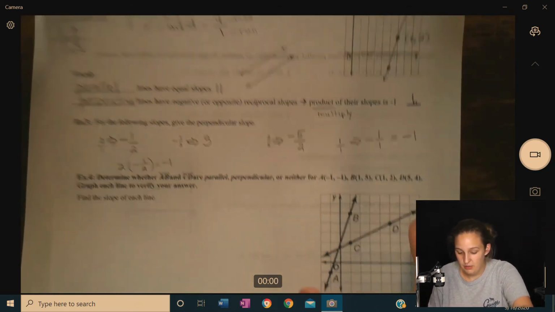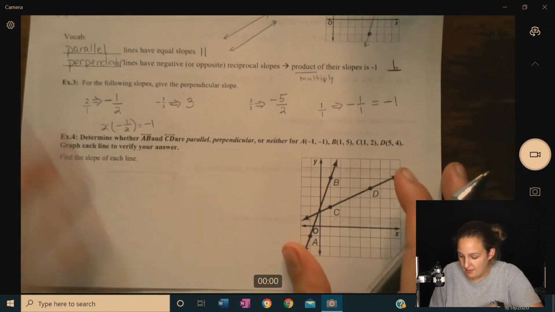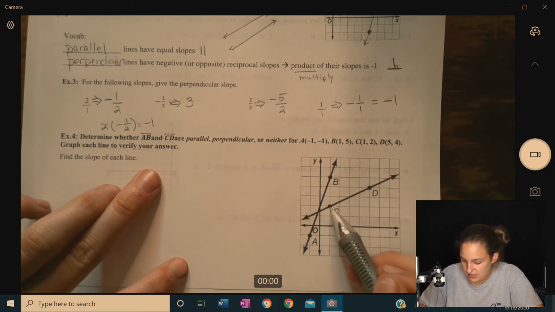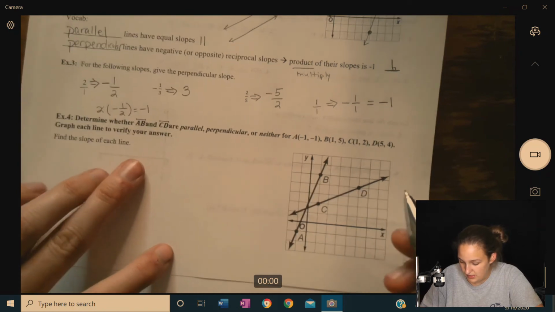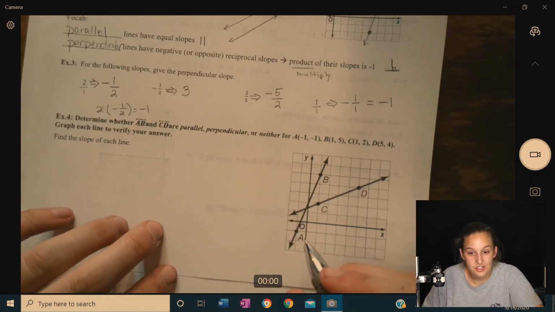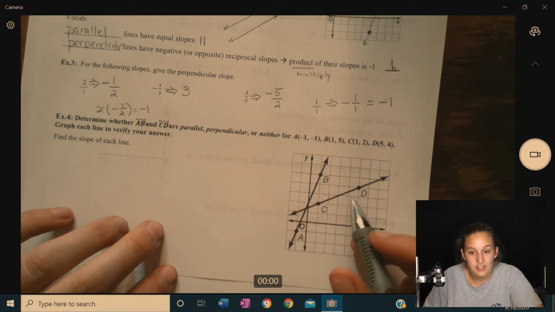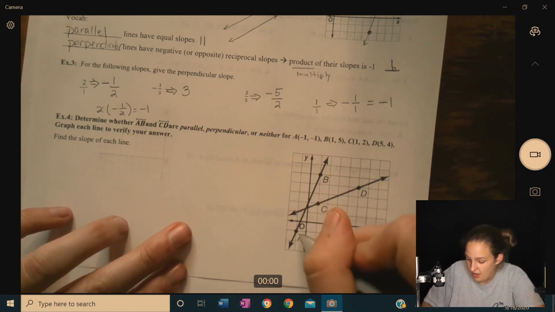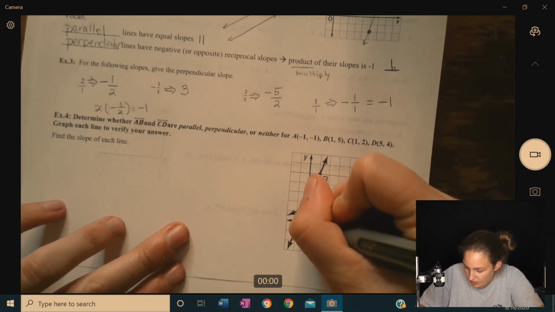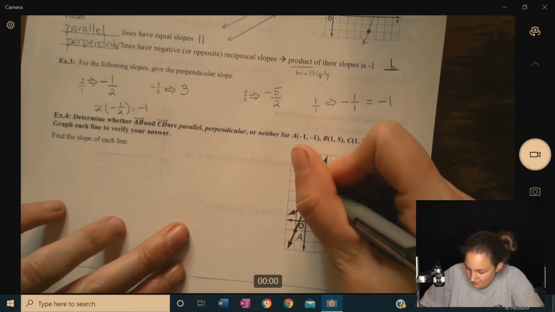All right, so down here we want to determine if AB is parallel, perpendicular, or neither to CD. So one thing that you can do is if we look at the chart, so if we had plotted all these points and looked at the chart, we could tell by the chart how many do you rise. You go up 1, 2, 3, 4, 5, 6.